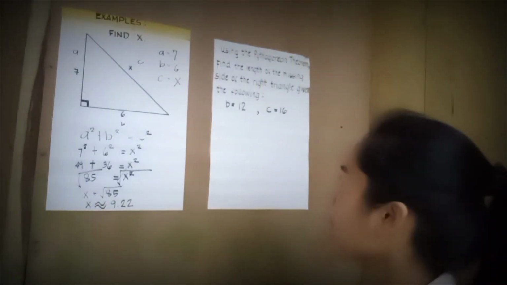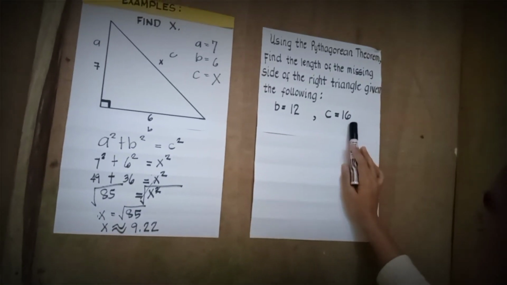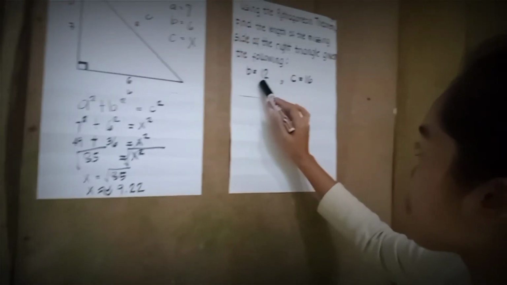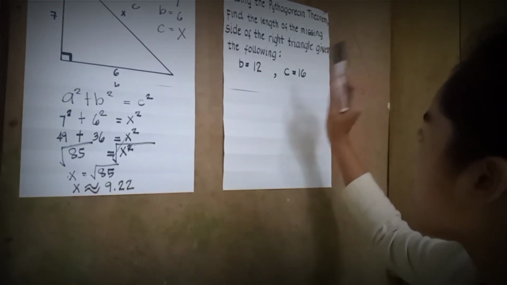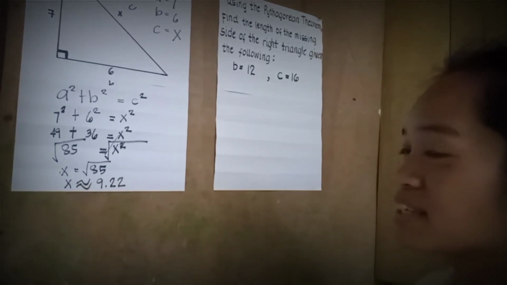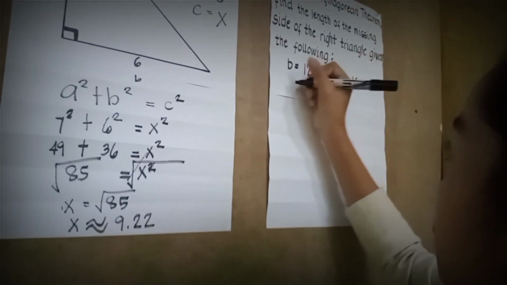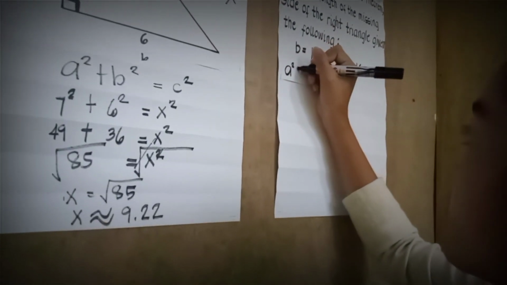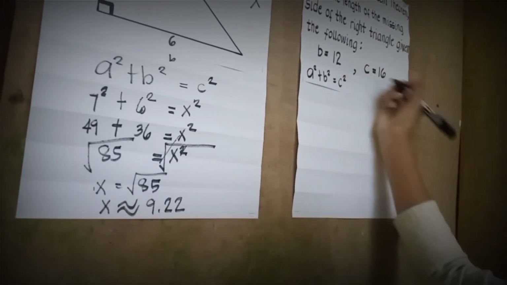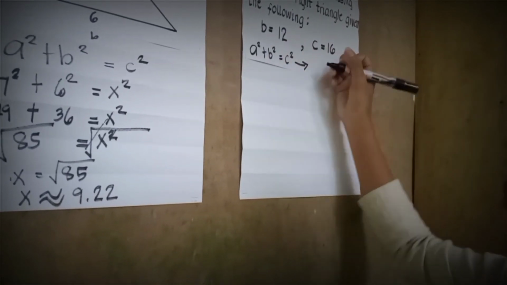Next example. Using the Pythagorean theorem, find the length of the missing side of the right triangle given the following: B equals 12 and C equals 16. Using the formula, a squared plus b squared equals c squared, we have to transpose it because we are looking for a.